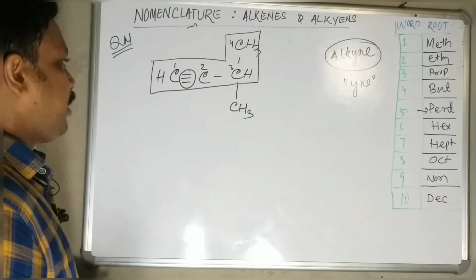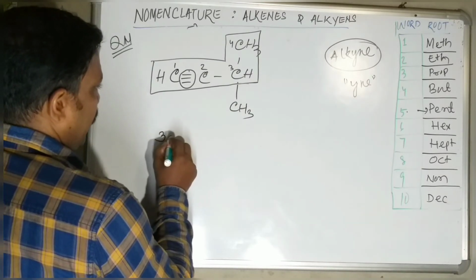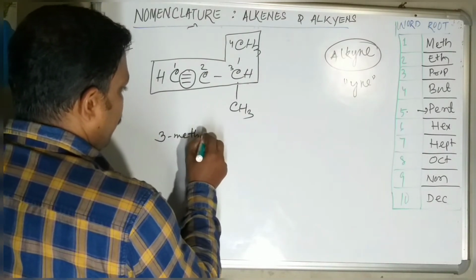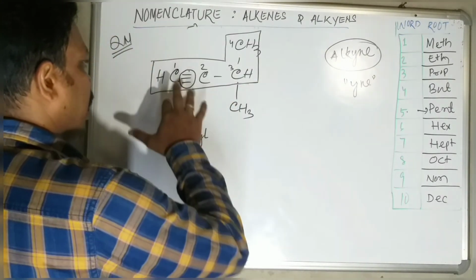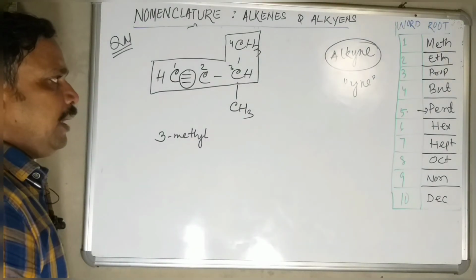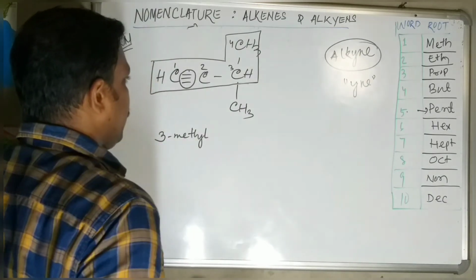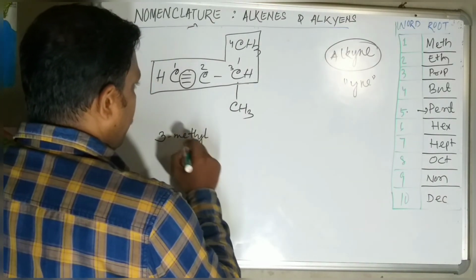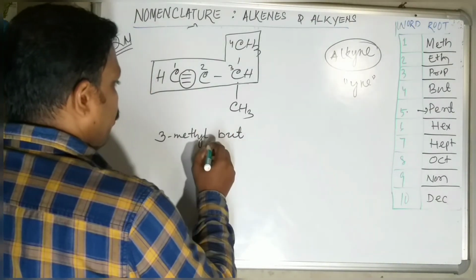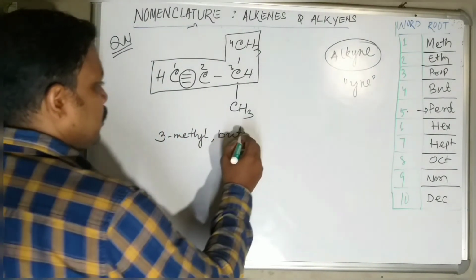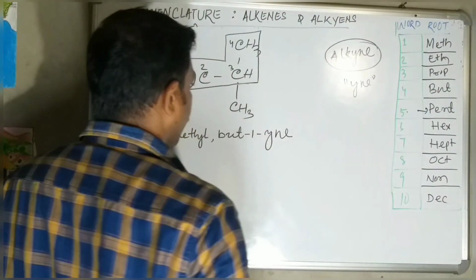The prefix we should write here is 3-methyl, and the root word: how many carbon atoms are in this chain? 1, 2, 3, 4. 4 is but. So 3-methyl and but. In which position is the functional group? First position. So 1 yne.